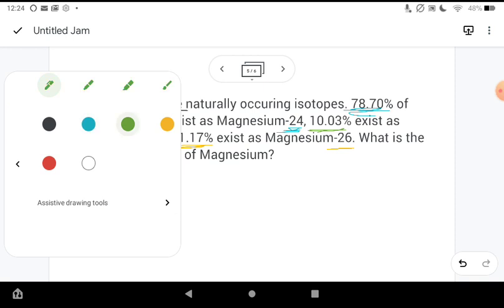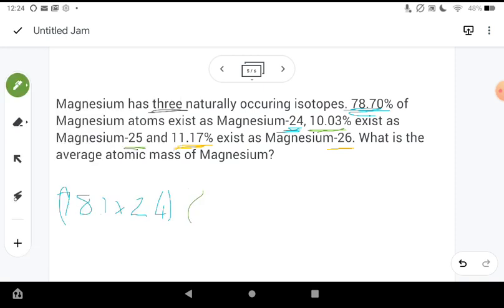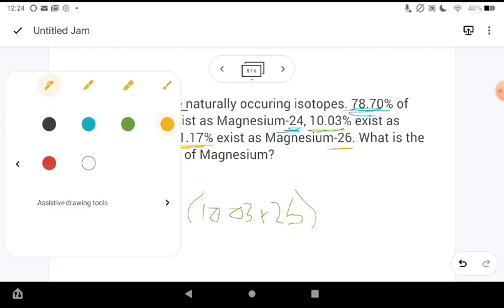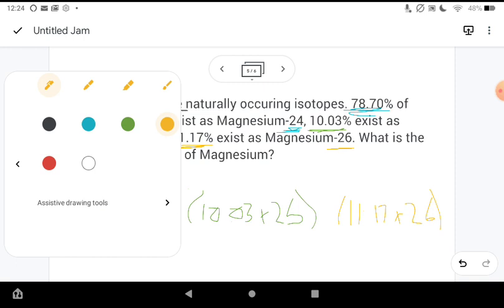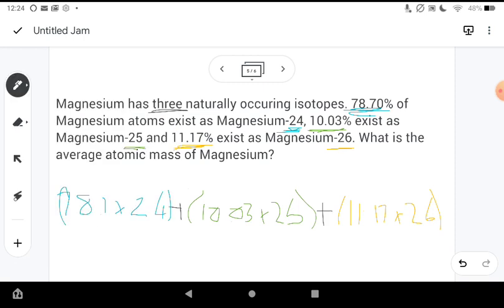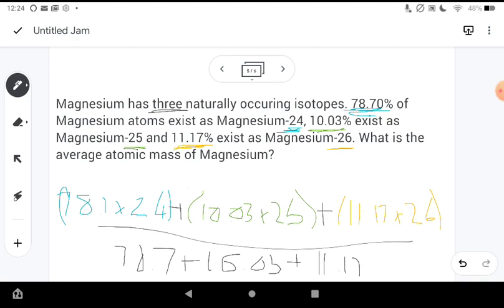I'm going to do 10.03 times 25, which is the abundance and the mass of magnesium 25, and I'm going to do 11.17 times 26, which is the abundance of magnesium 26, and then I'm going to have to add all those together and divide it by 78.7 plus 10.03 plus 11.17, which will equal 100. In fact, that will actually equal 99.9, I believe.